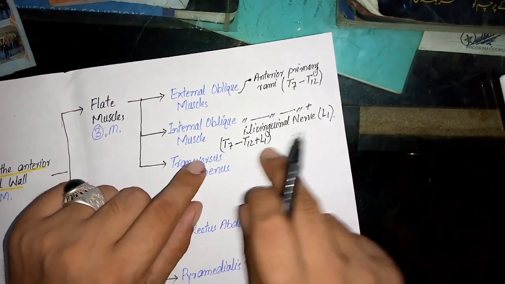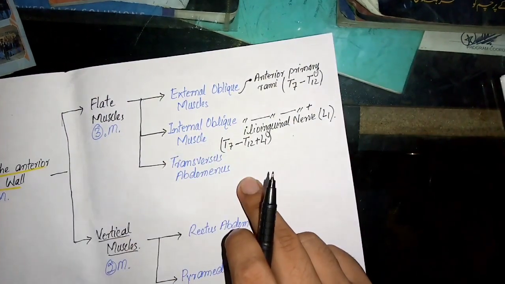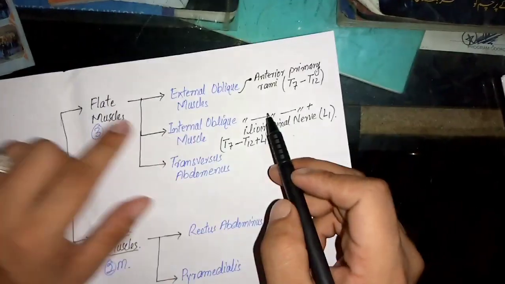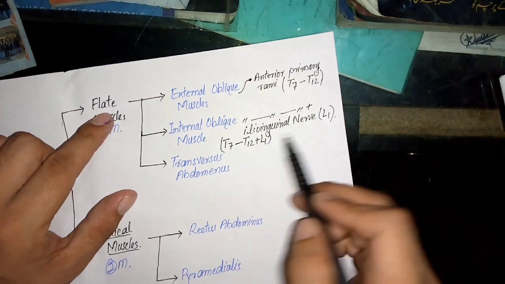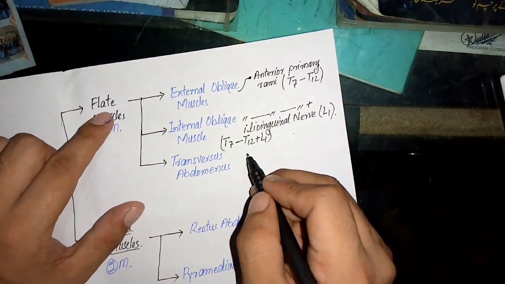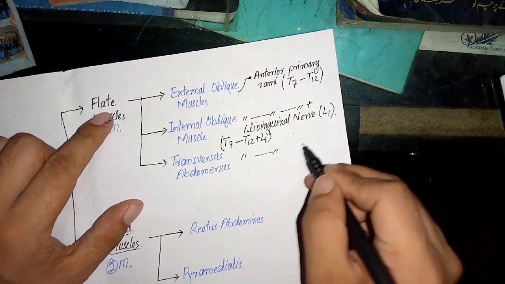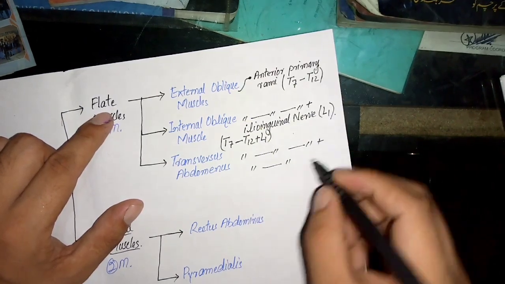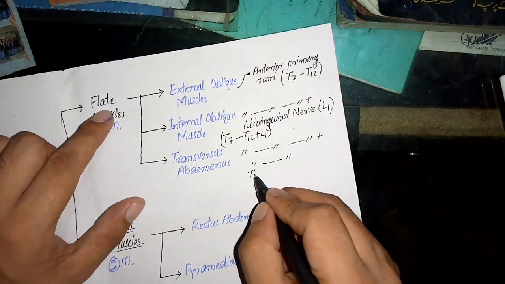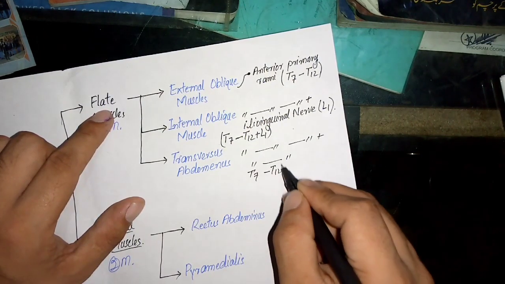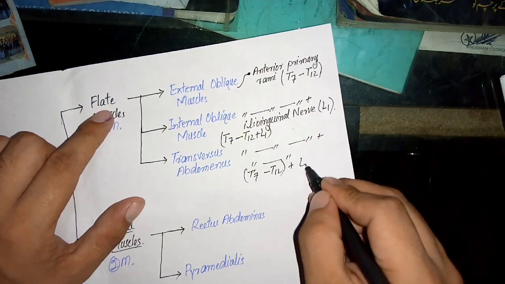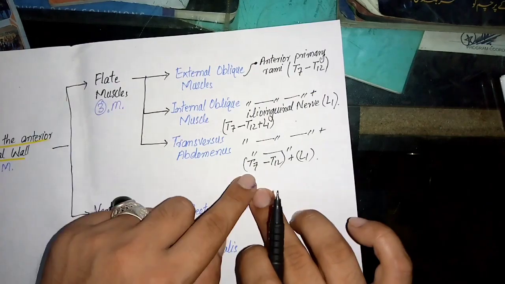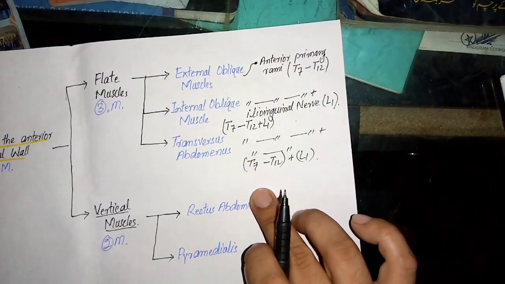Here we have two nerves: the anterior primary rami from T7 to T12, and the ilioinguinal as the second. So these muscles are supplied by these nerves, right?